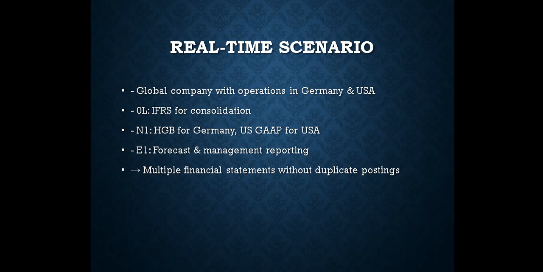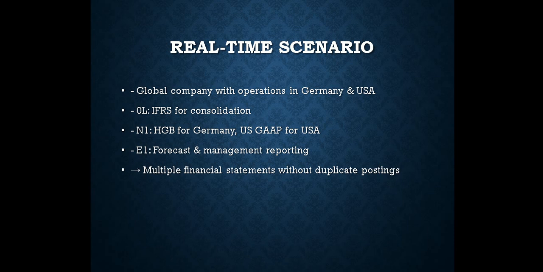One more question: can we use the extension ledger in place of the non-leading ledger? No. We use the non-leading ledger for taxation purposes, for local GAAP. So we can't replace our non-leading ledger with the extension ledger. It's not a good idea.